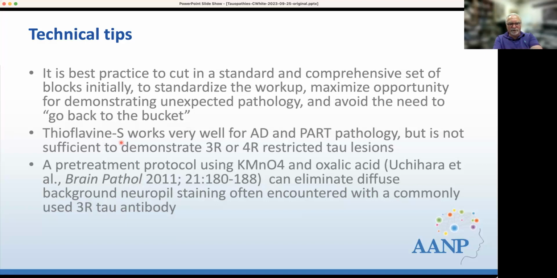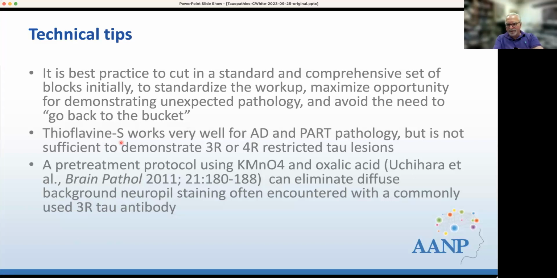Therefore, it is worthwhile to have at least available an antibody to phospho-tau, and there are many suitable examples of those. And then finally, those who make it a practice to immunostain for selective 3R and 4R isoform tauopathic pathology are going to be aware of the fact that with the RD3 3R tau antibody, there's often a diffuse background staining in the neuropil that can interfere with interpretation of the immunohistochemistry for the 3R lesions.